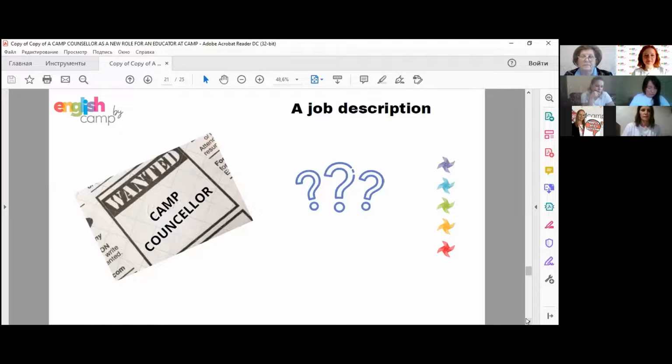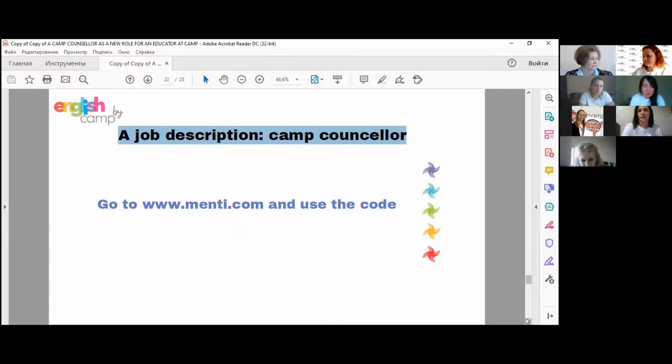For example, if I think about responsibilities, I have such a description as supervising, leading. If I think about duties, maybe they are play, love, help. I'd like you to think about your description in just a few words.